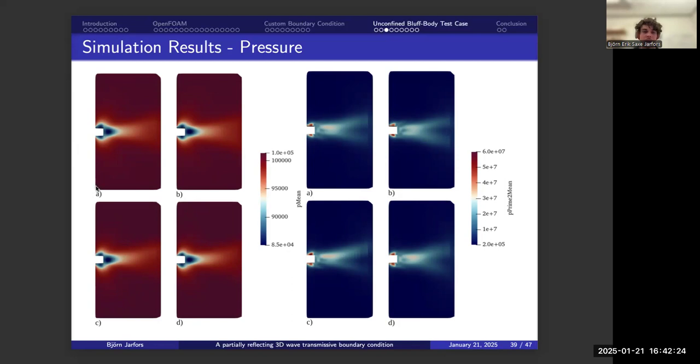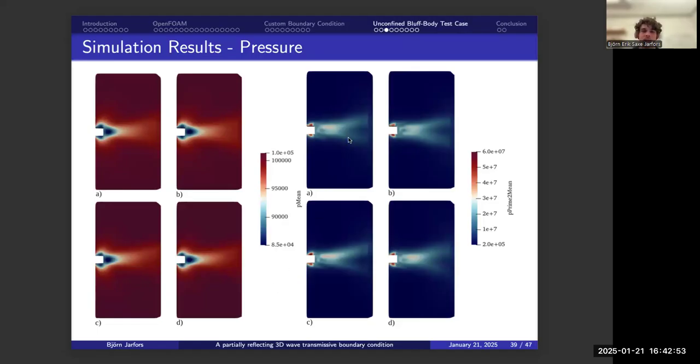And case A is actually not case 1 here, so this might be a bit confusing for some. But case A is the LODI 2D, case B is the LODI 3D, case C is the wave transmissive, and case D is the partially reflecting boundary condition.